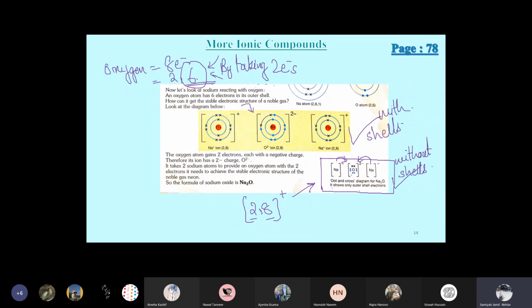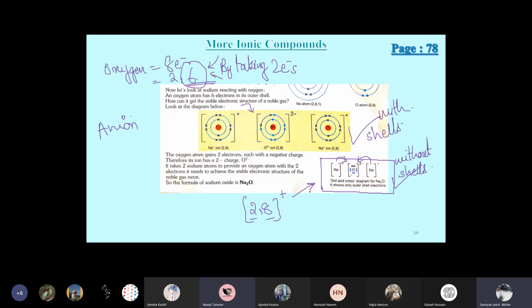If I ask you, what do we call the ion with a negative charge? I told you last lecture. We discussed it. Cation or anion? Negative. So the ion with the negative charge is anion, right?